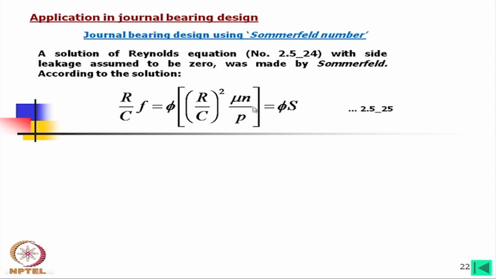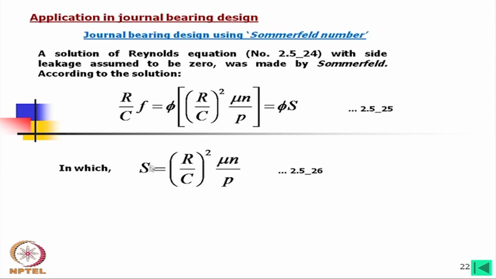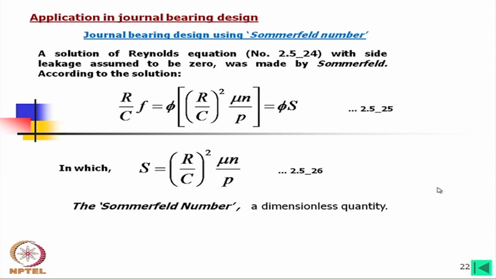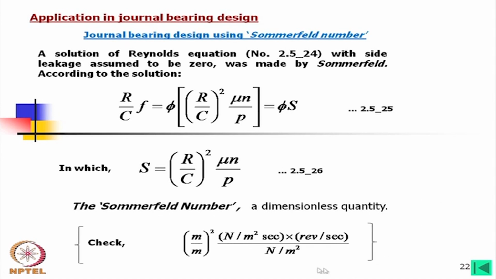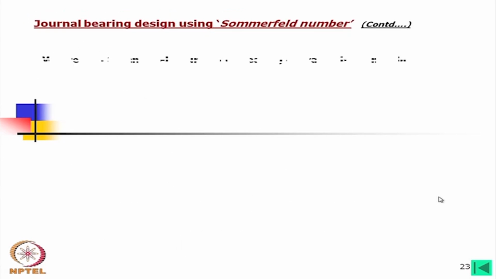This quantity, which he defined by s and called the Sommerfeld number, is a dimensionless quantity, which can be verified from this. Now, what are these parameters?